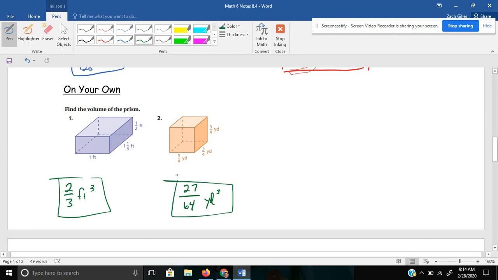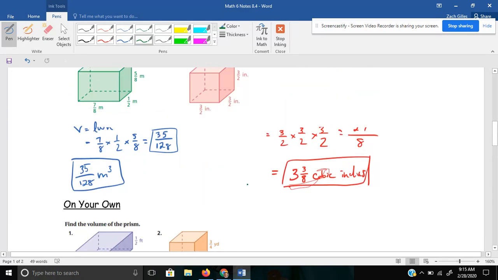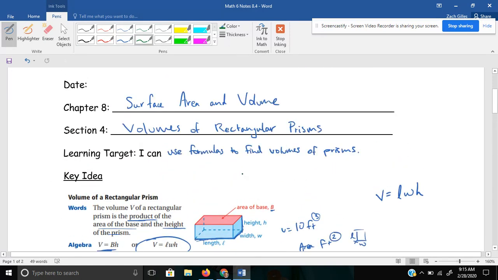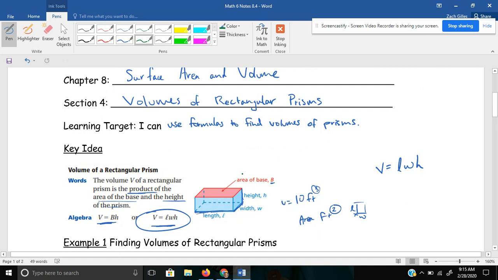Okay. And again, I don't believe I really hit on this, but what is volume talking about? It's talking about how much space I can occupy in this entire prism. When I think of volume, I think of how much water, H2O, can fit inside a pool.